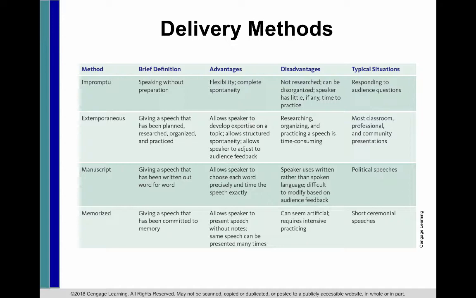And memorized speeches, where every word is committed to memory and there are no speaking notes, might allow for more movement and eye contact with the audience, but can seem artificial, and if you happen to forget your speech, you have nothing to fall back on. Of these 4 types, extemporaneous is by far the best one.